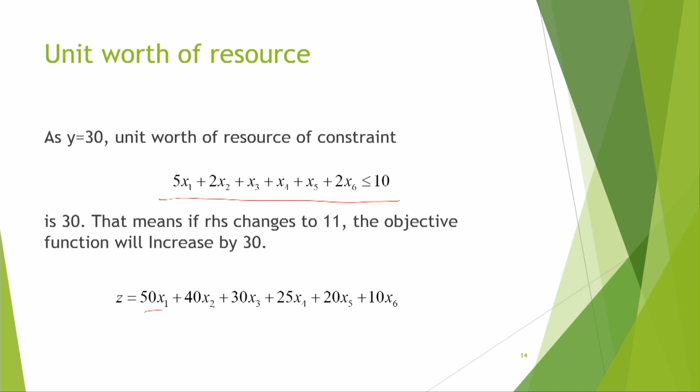You can see also that when x3 is equal to 10, then z is equal to 30 into 10, that means 300. But if I make x3 11, then z is equal to 30 into 11, that means 330. So this is how it has come.